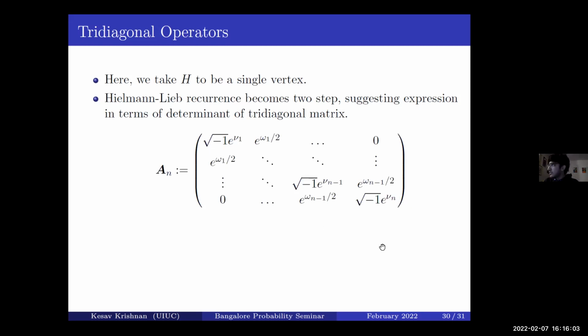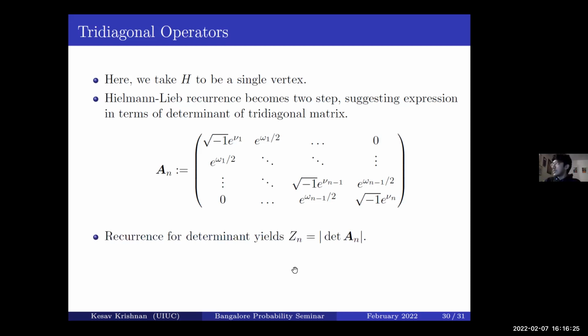So if you look at this matrix over here, where you have e to the vertex weights, but over here the edge weights are divided by 2. And that's important, because when you expand the determinant, the off-diagonal terms get squared.